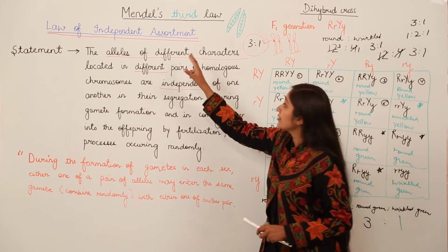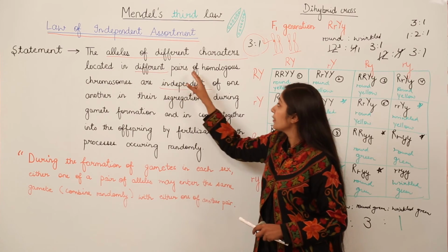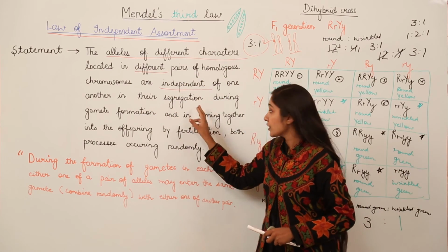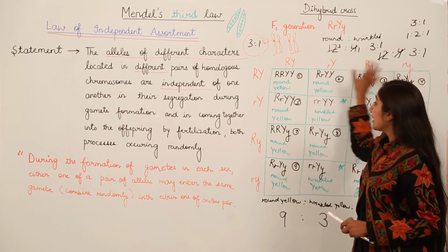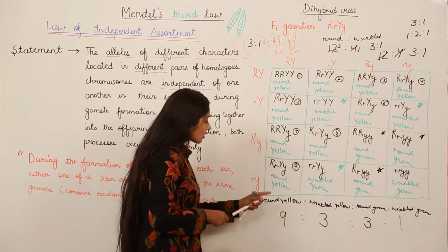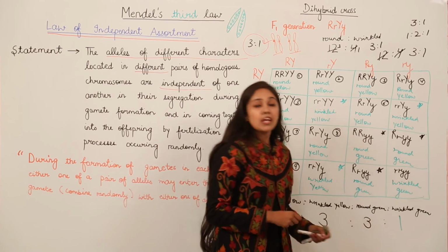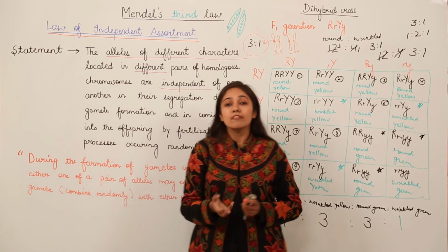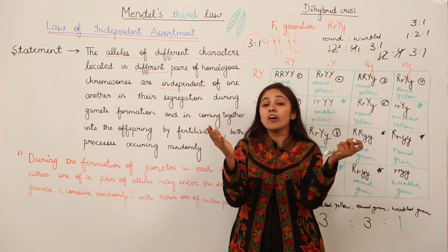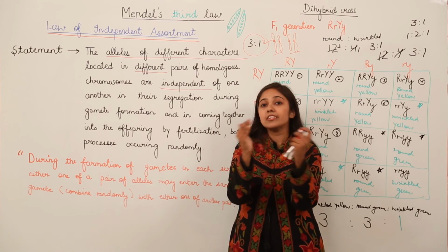See, the alleles of different characters located in different pairs of homologous chromosomes are independent of one another in their segregation. How? Because when we had this cross, we had 16 plants, 16 outcomes, and the phenotypic ratio was 9:3:3:1. What we are going to prove here is that when we have two characteristics at a time, they independently assort and none interferes with the other.